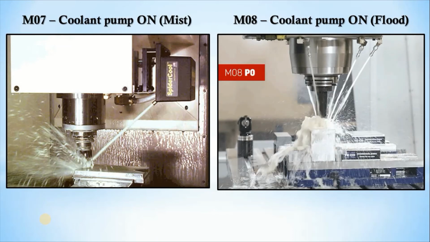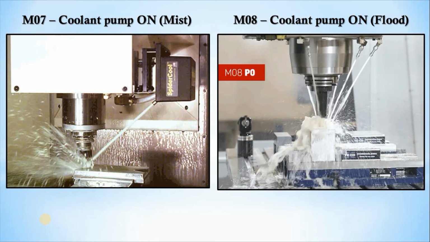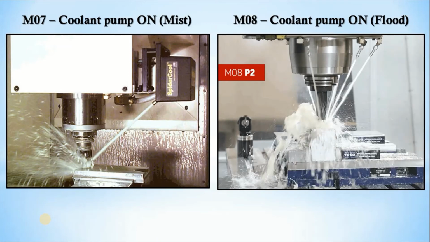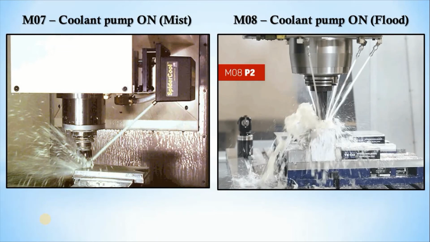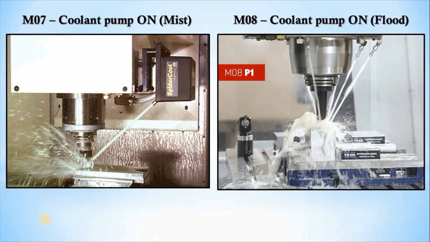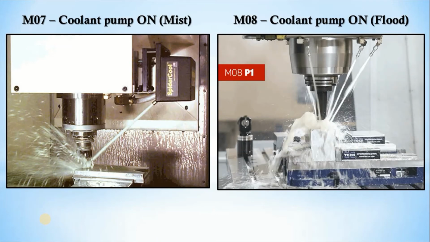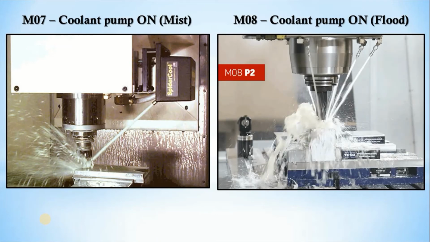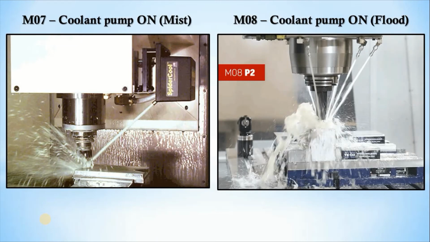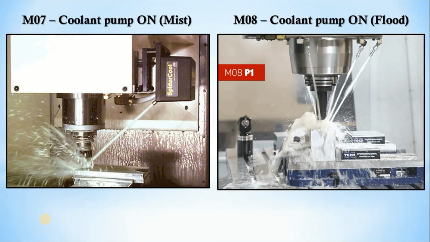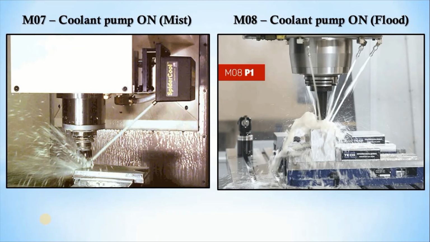So to overcome that, we have to use the coolant so that whatever heat is generated can be minimized to some extent, so that it will not hamper the surface of the workpiece, and it will not hamper the tool wear. So whenever we are doing operations in a CNC machine, we are always using the coolant. For that, we use either the M07 code or the M08 code, depending on how much coolant we require.